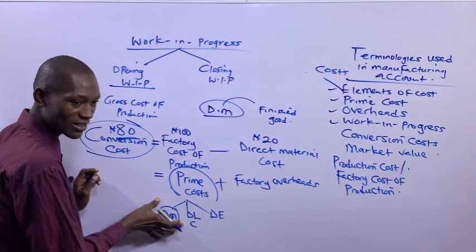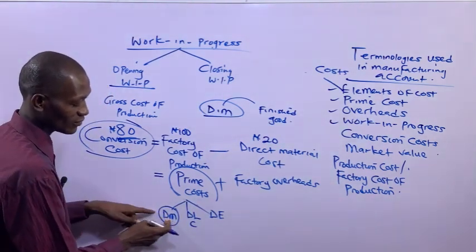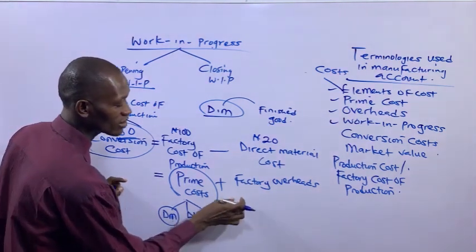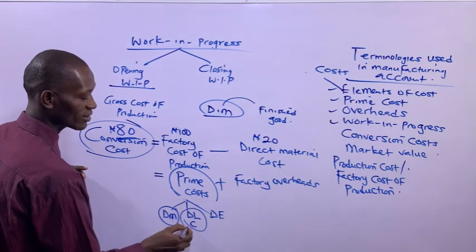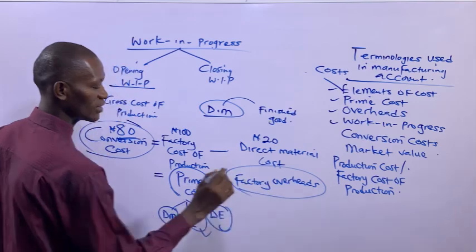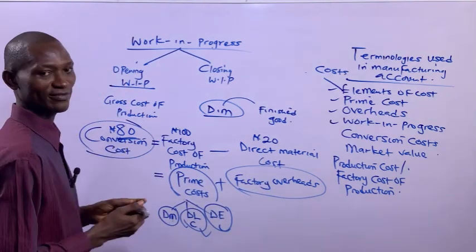So you are going to add to this direct material direct labor costs, direct expenses, plus factory overheads. So the addition of direct labor costs, direct expenses, and factory overheads will give you conversion costs.